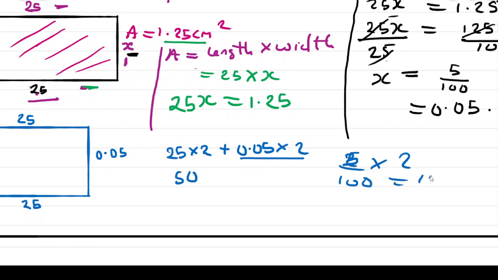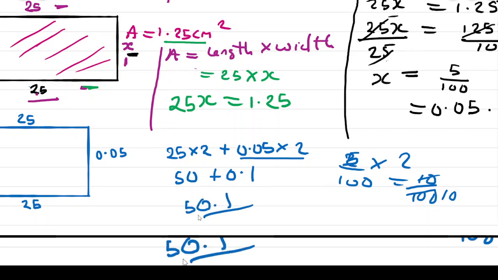So this is 10 over 100. So this is 1 over 10. So this is 50 plus 0.1. 1 over 10 is 0.1. So this is 50.1 as the perimeter. I hope there's no mistake. So that is 10 over 100, that is 1 over 10, that is 0.1. Yeah. So 50.01.